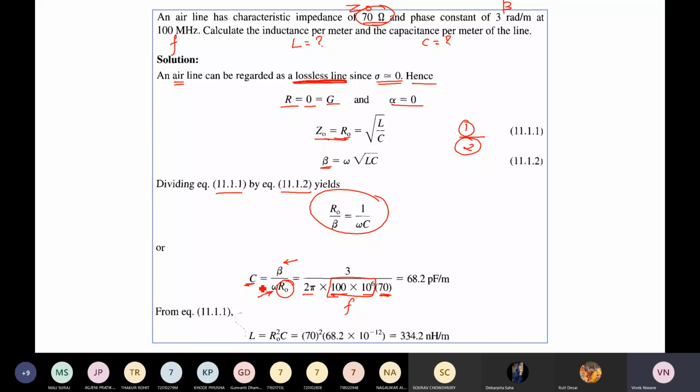So we can get the value of capacitance as 68.2 picofarad per meter.